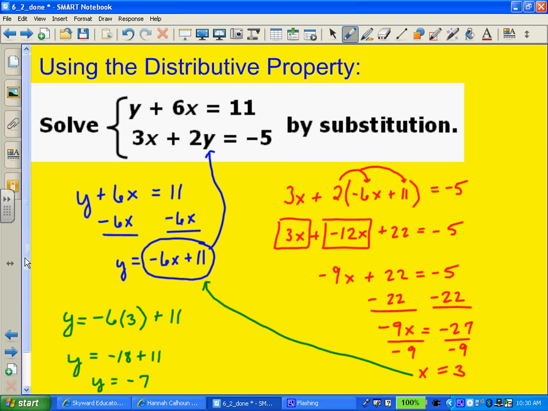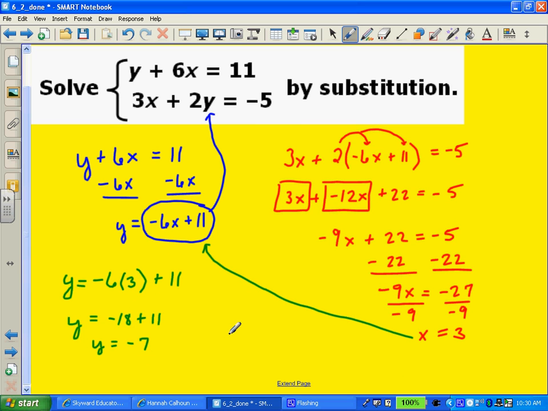So my answer here would be the ordered pair 3, negative 7. Now once again I want to check that to make sure it's right. So if I plug that in, I'm just going to do that up here real quick. I'd have, let's see, negative 7 plus 6 times 3 equals 11.